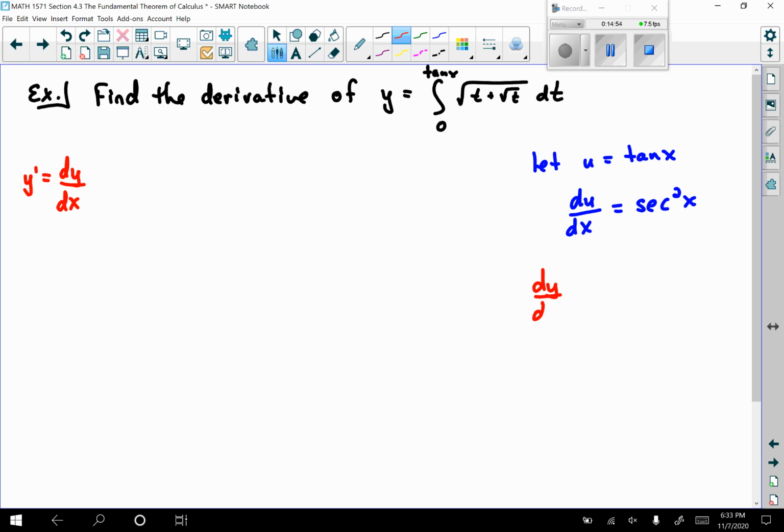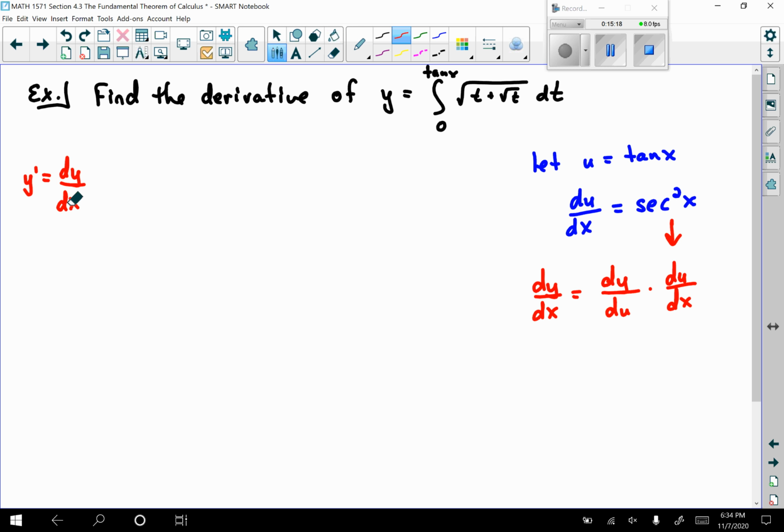So dy over dx is actually going to equal, this is just a manipulation, dy over du times du over dx. So I divided by a du, then I multiplied by a du.